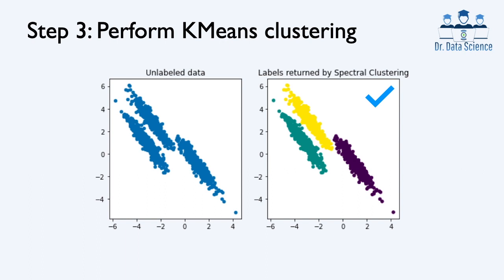And that's the big idea behind spectral clustering: we get some input data, we find a transformation of the data through eigenvalue decomposition, and after that we can apply the K-means clustering algorithm, which is good at finding linearly separable clusters.